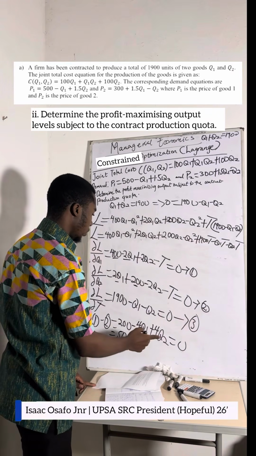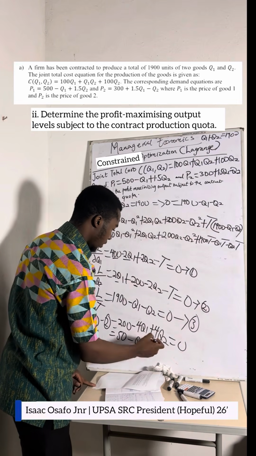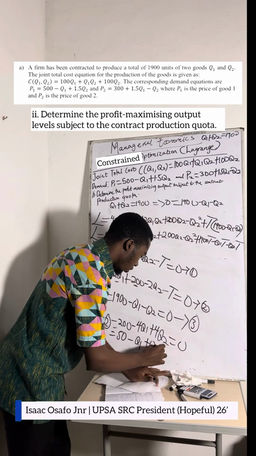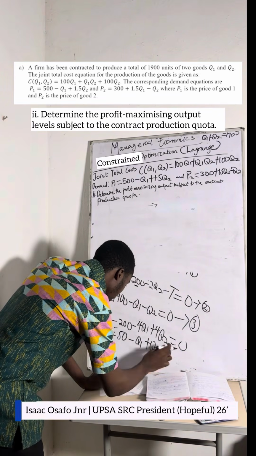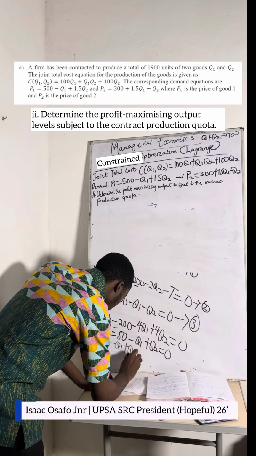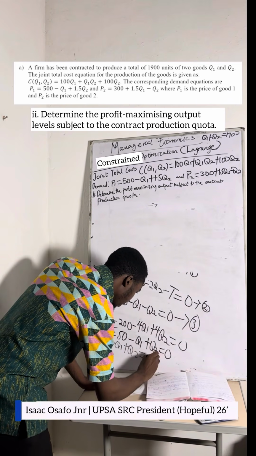Then plus 4K2 divided by 4 to give us positive K2. Then this will be equal to 0. I can send the 50 across the equal to sign. So I'll have negative K1 plus K2 equal to negative 50 when it crosses the equal to sign.